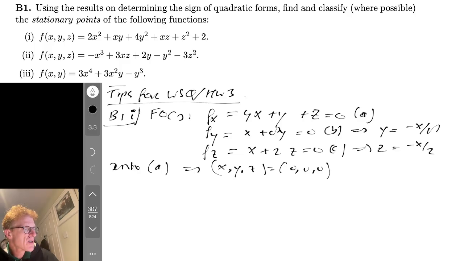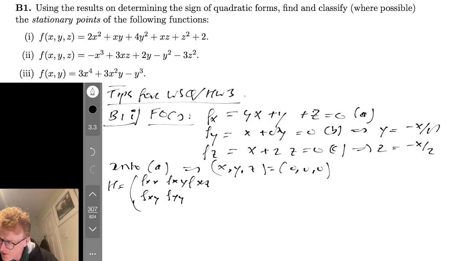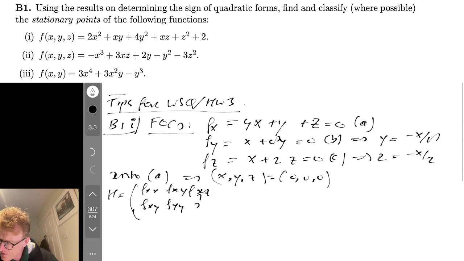So now that's the FOCs. Now we need to get the Hessian: fxx, fxy, fxz, fxy, fyy, fyz, fxz, fyz, fzz.